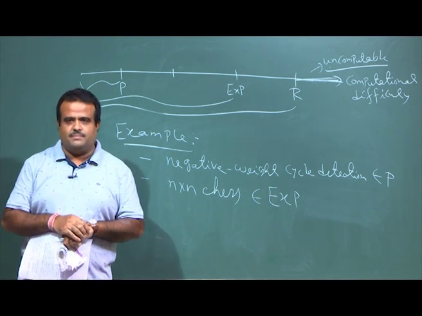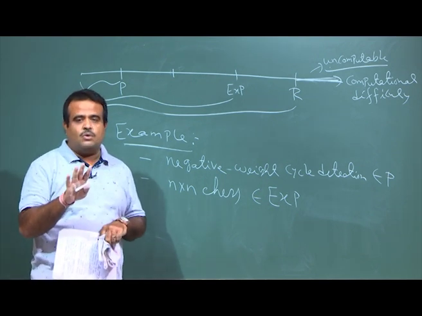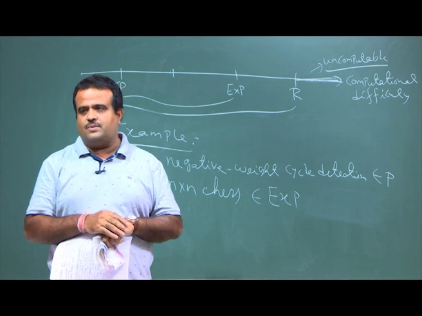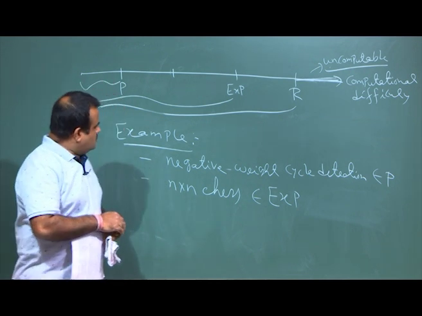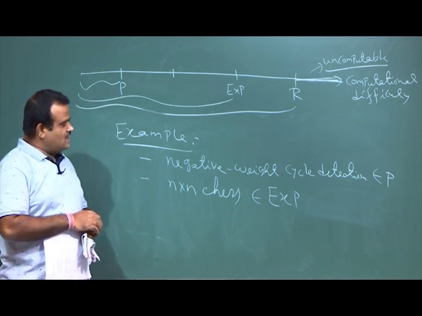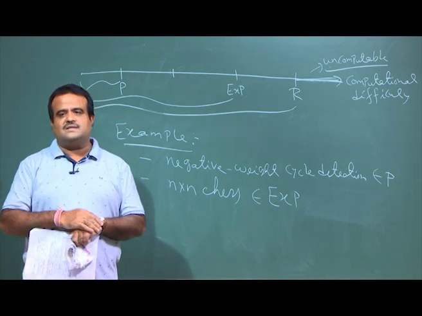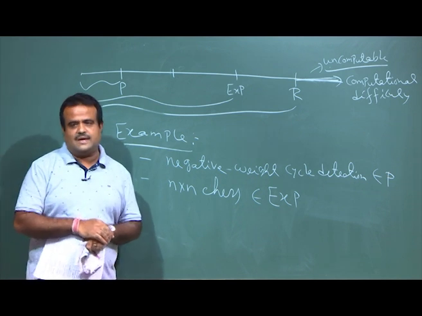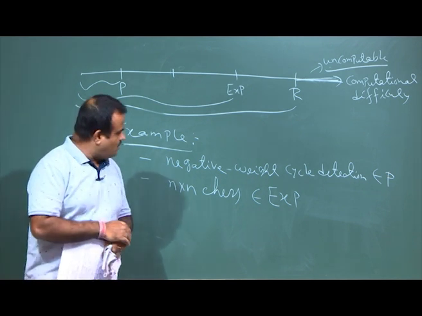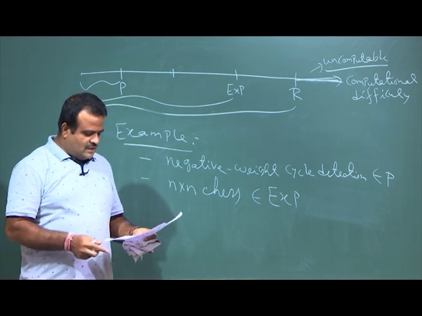So, this is the problem. This problem has no polynomial time algorithm, so it is exponential time. We can try all possible moves, so this is basically an exponential time algorithm.